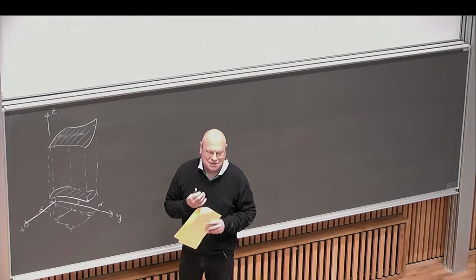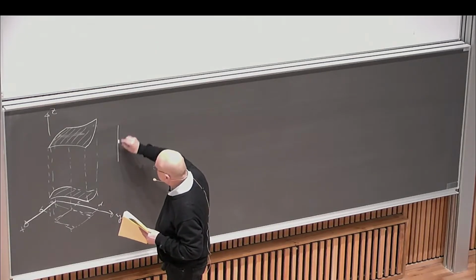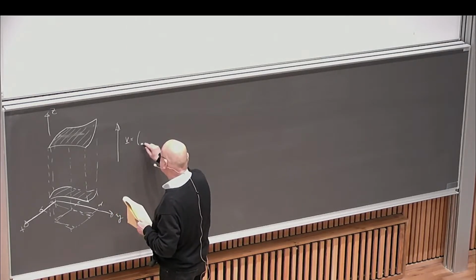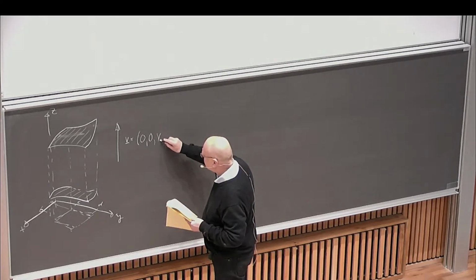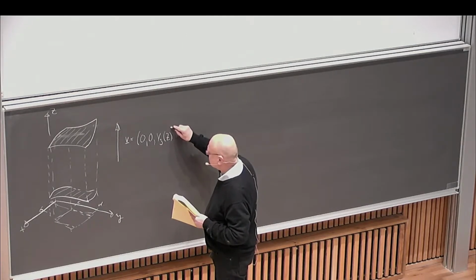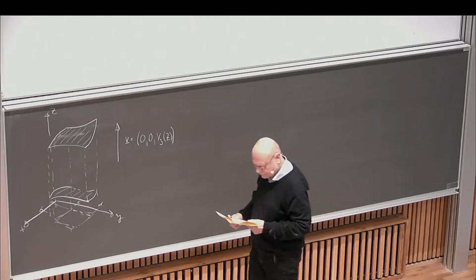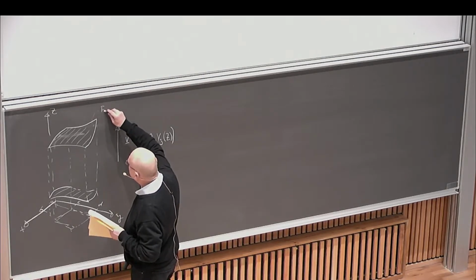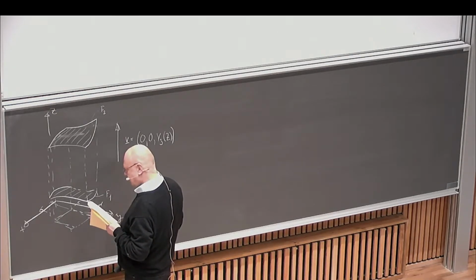In order to make this demonstration, I am looking at a very simple vector field. It's a vertical vector field, and it is, of course, 0, 0, and then the third component depends on z. So this is the vector field. The upper surface here, I call F2, and the surface down here, F1.